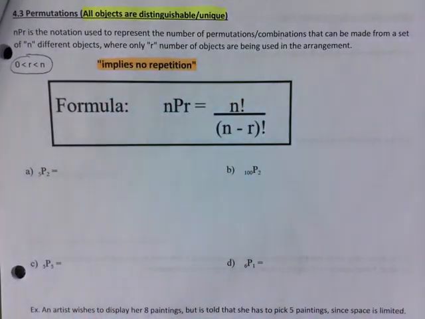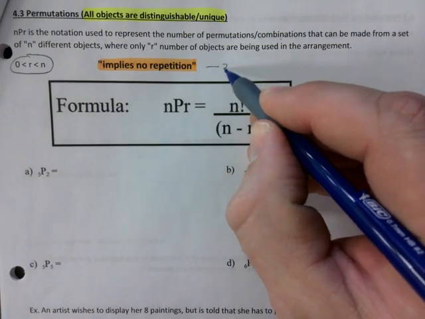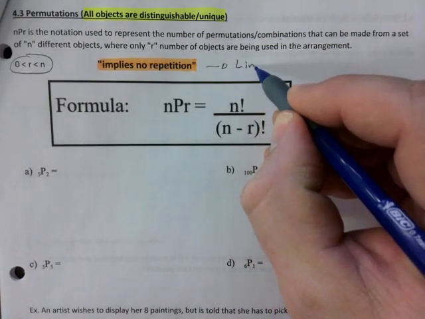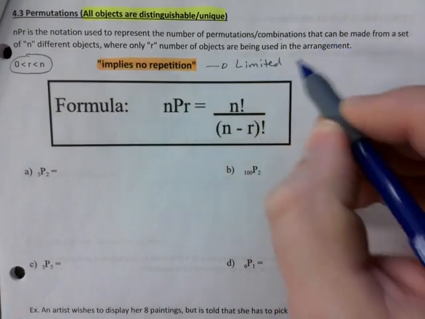Make sure you understand that permutation can only be used when there is no repetition allowed. So when it comes to people, or you're drawing cards or anything like that, you have a limited supply. So let's make another note here. Limited supply.